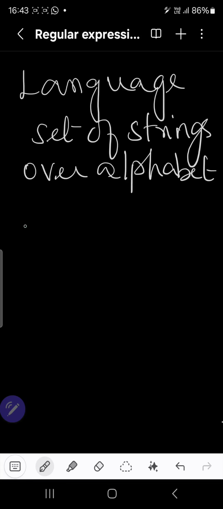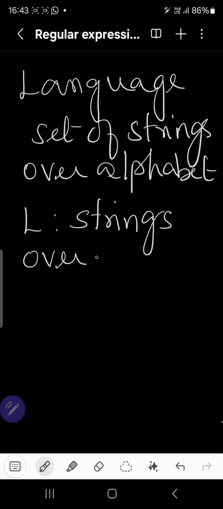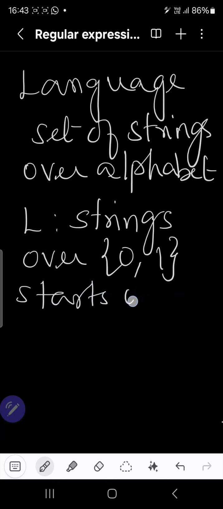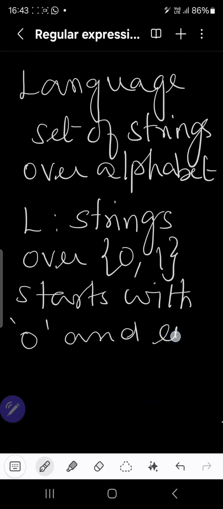For example, let's see the language containing strings over the alphabet 0, 1, which starts with 0 and ends with 1.